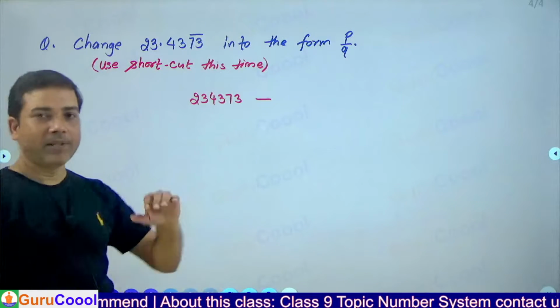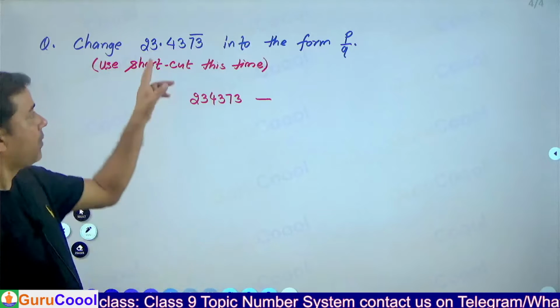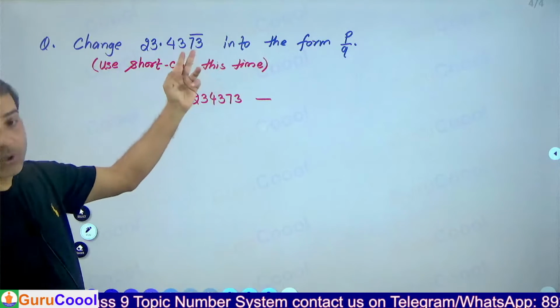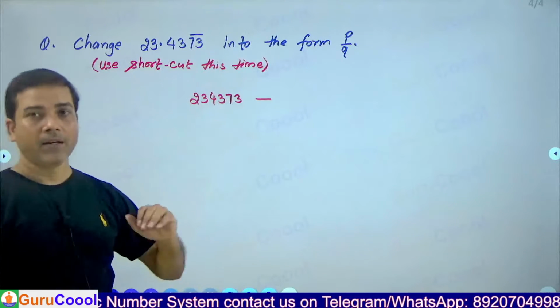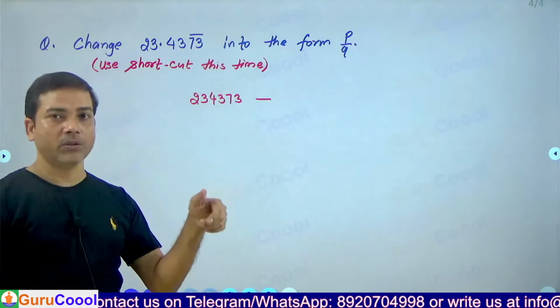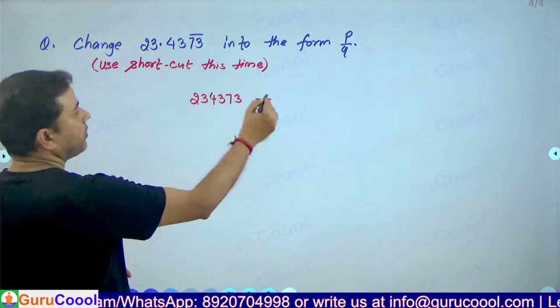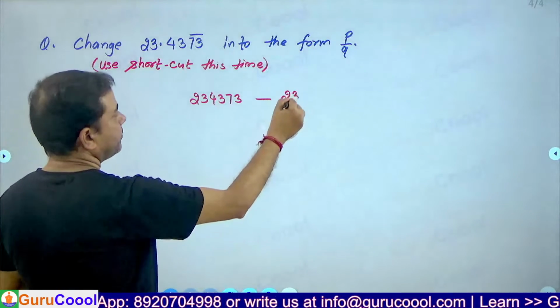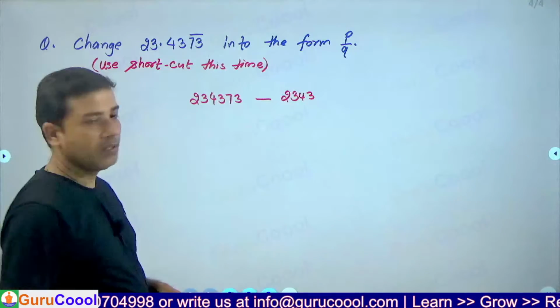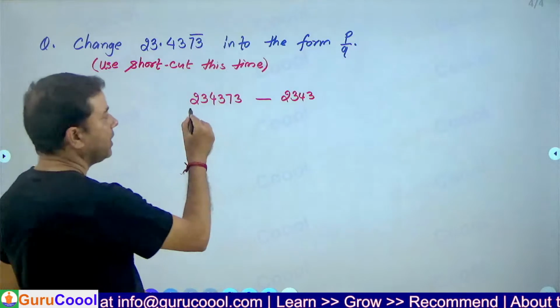Yes. Remove decimal and remove those digits also which are having bar sign. Then 2343 are remaining. Any problem? No, sir.